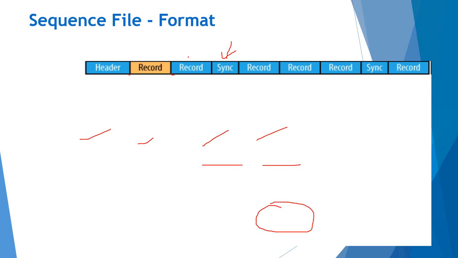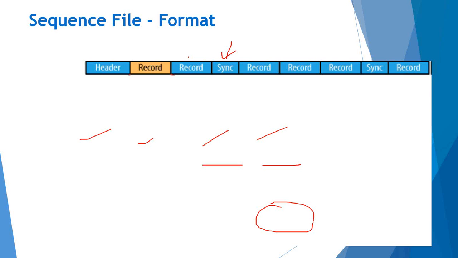Same way over here, I have to seek the particular record boundary, but with the help of these sync pointers, I can easily go to a record boundary. There are sync pointers in between records, at a particular frequency after the record, and we can easily find a record boundary with their help.